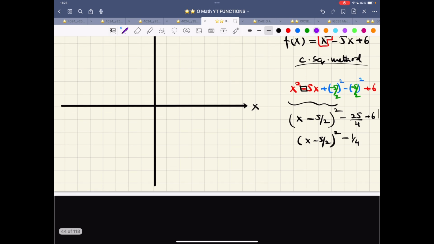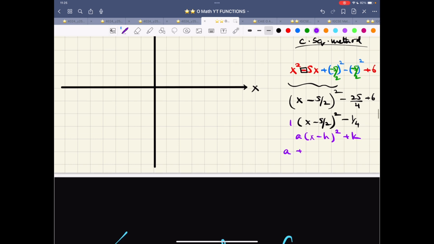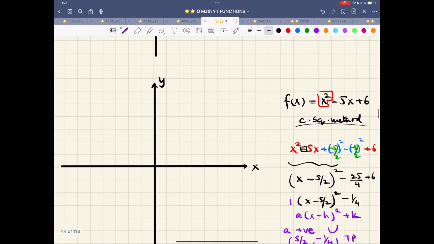And now let's compare it with a(x minus h) whole square plus k. A is 1, a is positive, that's the shape. Negative h is negative 5 over 2, so 5 over 2 comma negative 1/4, that is the coordinate of the turning point. So let me just go ahead and draw this thing like this.